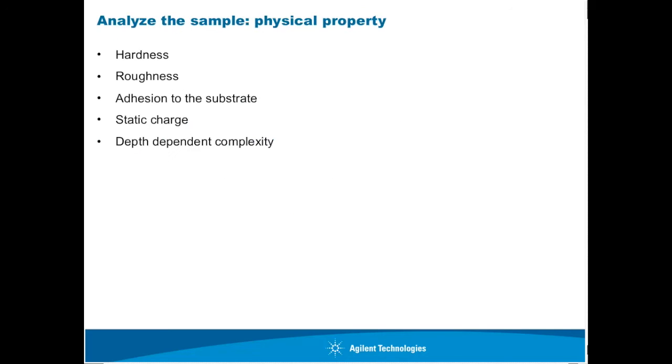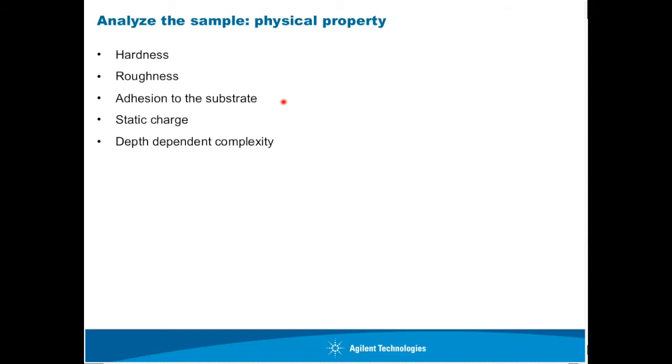So, analyze your sample. Not every tip is equal among different samples. You have to look at the sample itself and do a little basic analysis. For example, the physical properties: how hard is the sample, how rough is it, the adhesion to the substrate, whether the bacteria is attached to a substrate firmly or loosely.